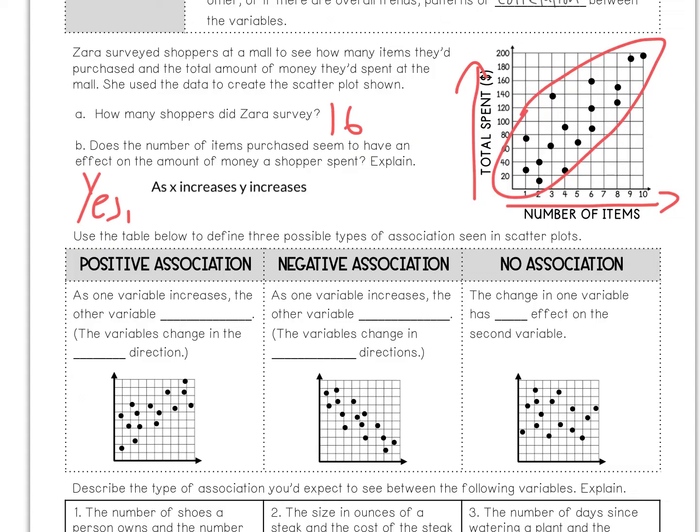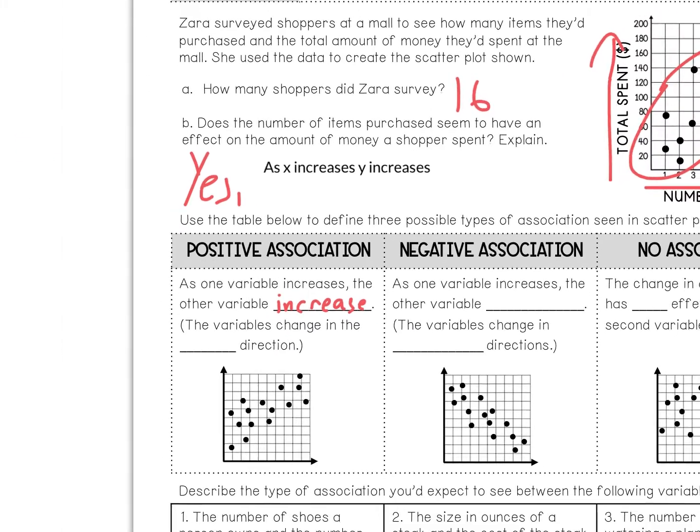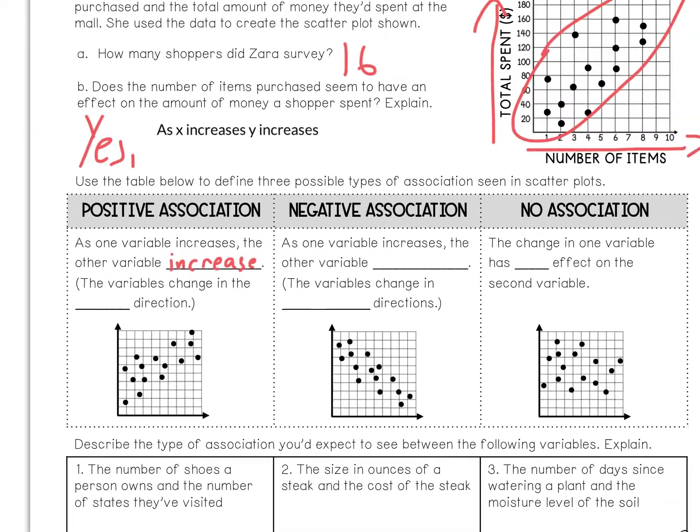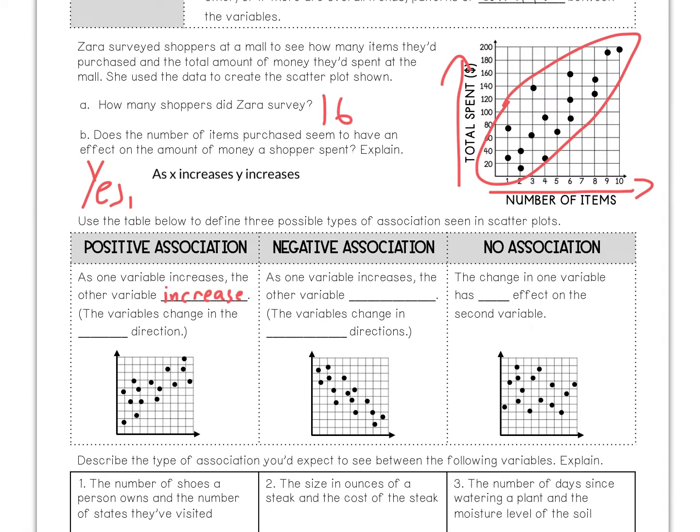Okay, it's moving that way. So as one variable increases, the other variable increases. That's what it means for a positive association. In this case, I use the word association. I use the word correlation, but similar idea.